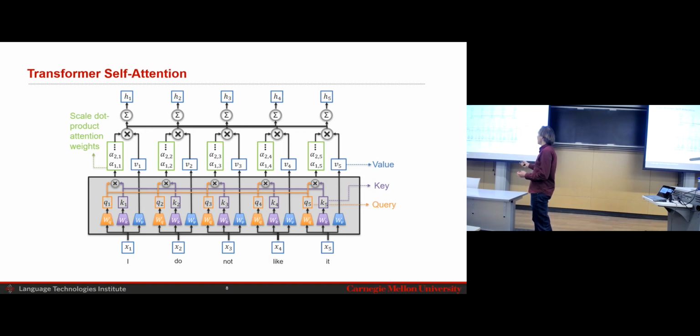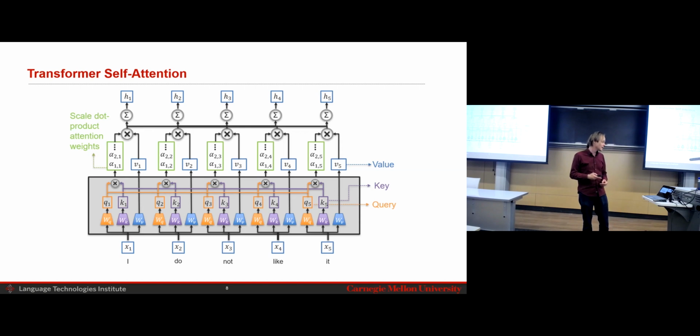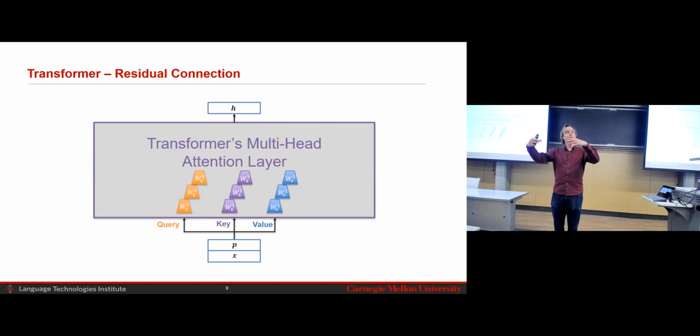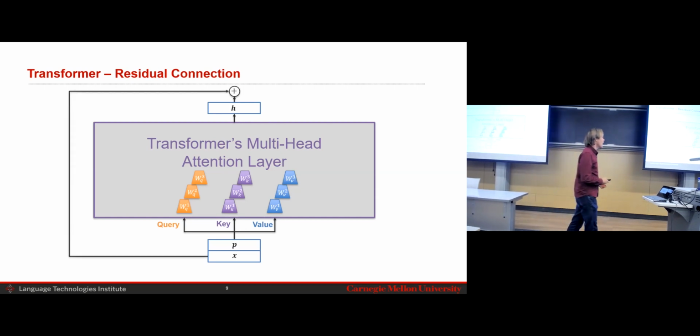So this tells me how word 1 is relevant to all the other words. And that will be used to estimate this unique output for that word. And as we discussed, we do 2 things. One is multiple heads, because there may be more than one way the words can be related to each other. But also these representations that are learned, they're learned as a kind of shift.